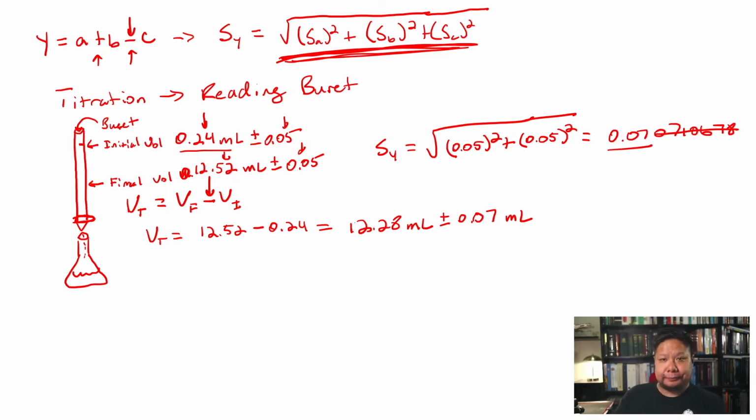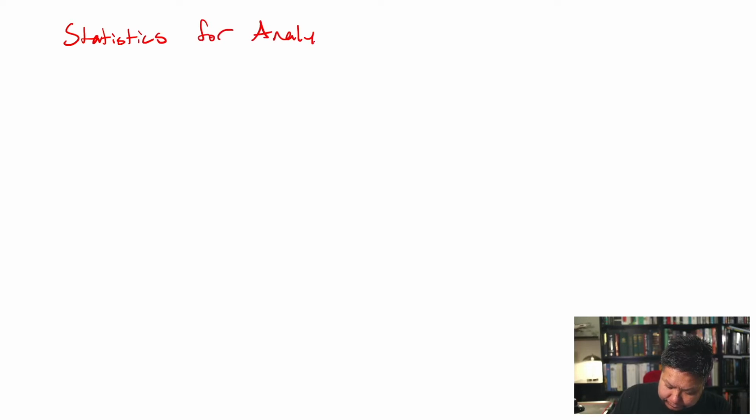Now let's talk about some statistics that you'll be using in the analytical chemistry lab. The first term is a pretty easy one that we all should be familiar with, the mean.